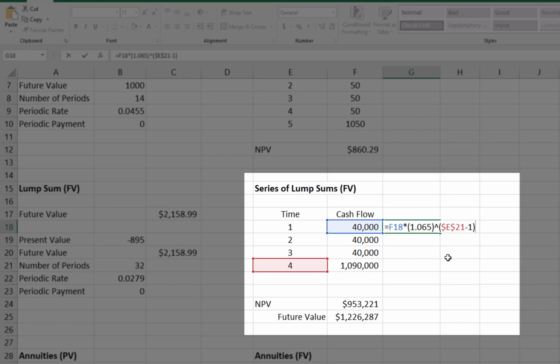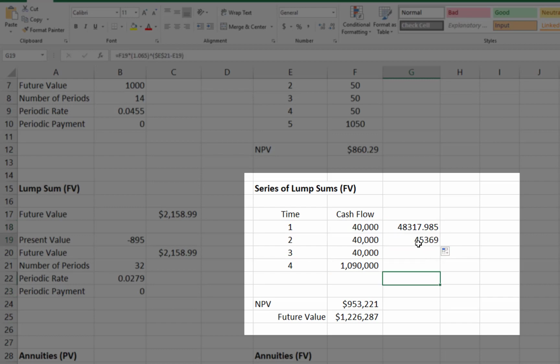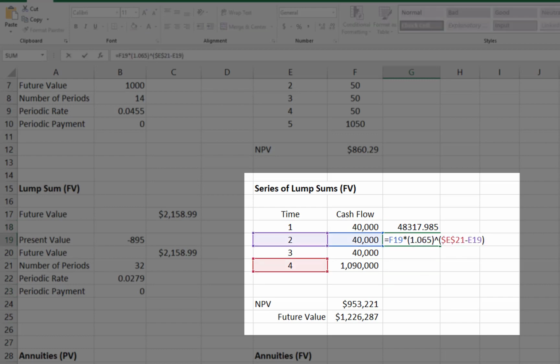So that's why I'm setting up my formula in the, oops, I shouldn't have hard-coded the 1. I should refer to this cell, and now I can just copy that formula down. So that's going to compound 3 years at 6.5%. If I copy this one down and then take a look at it, it's going to compound 2 years at 6.5%.